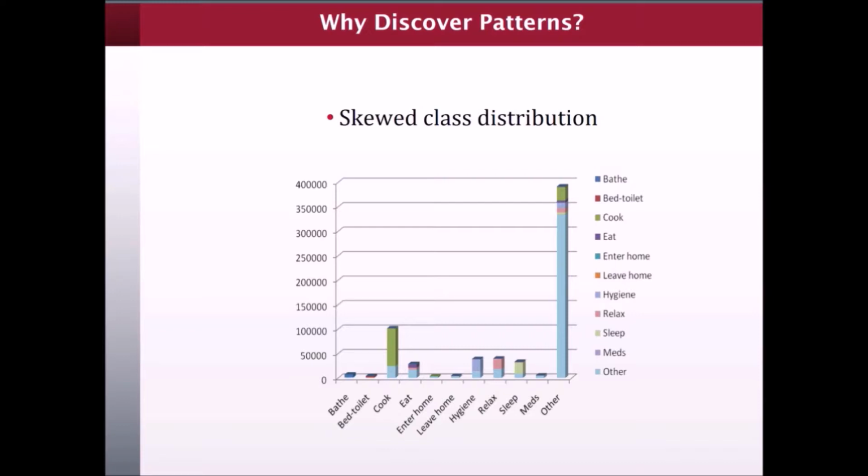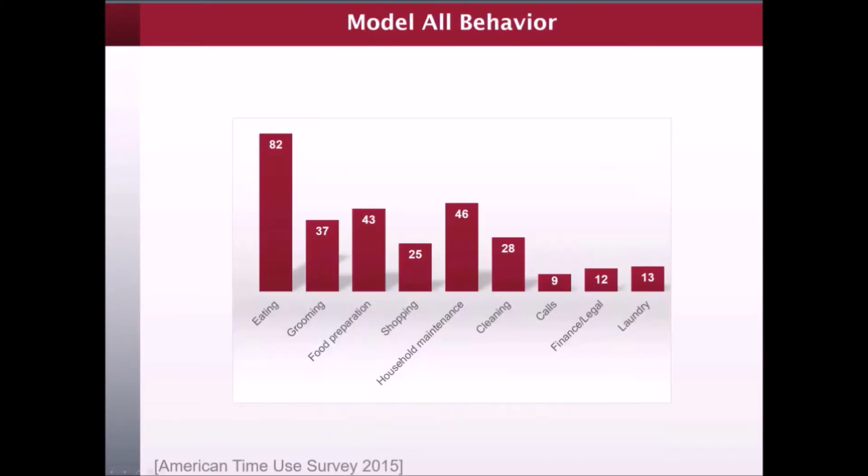This graph is based on smart home data, or data from ambient sensors put into everyday environments. If we want to look at a broader scale, we can consider the American Time Use Survey, in which Americans are interviewed to determine how they spend their time.